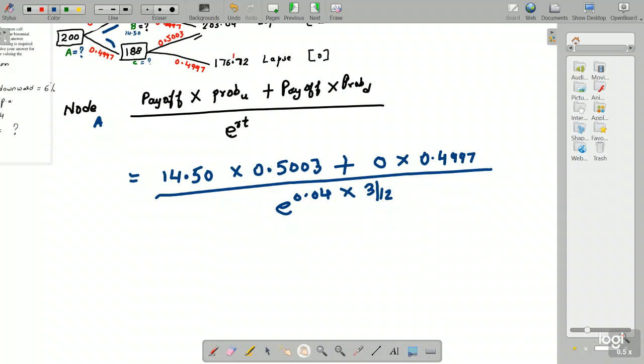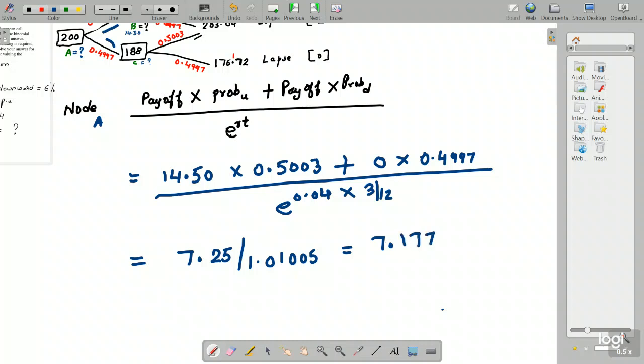Okay, so if you're going to simplify this, 14.50 as a payoff, you're going to get your answer as 7.25 divided by 1.01005, and if you simplify 7.25 divided by 1.01005, you're going to get your answer as 7.177, right?